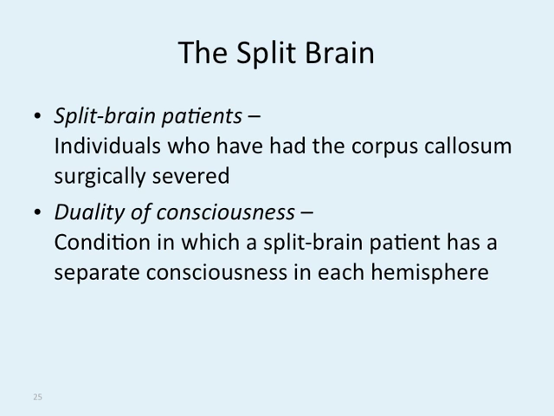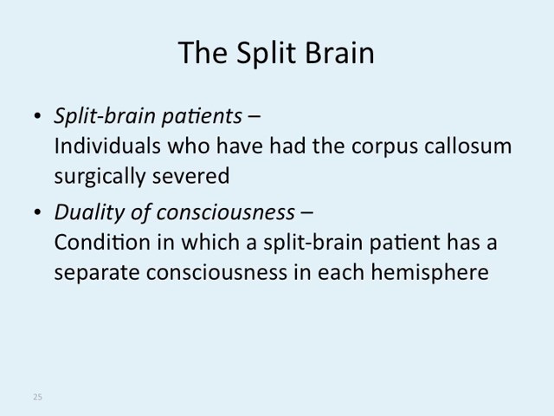The duality of the consciousness. Now, it's important to note that our left and our right brain, even though they're two separate things, do work very well together. However, when a patient has the split brain factor come into play, it's when the separate consciousness of each hemisphere is really highlighted, which means one is not interacting with the other.